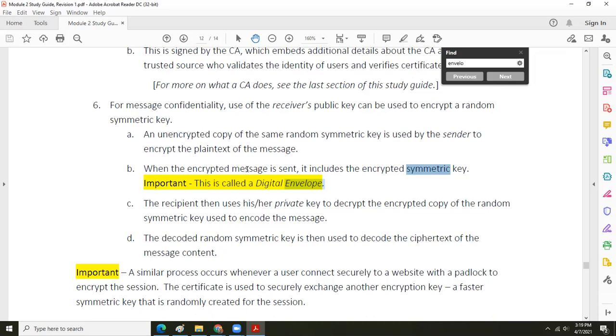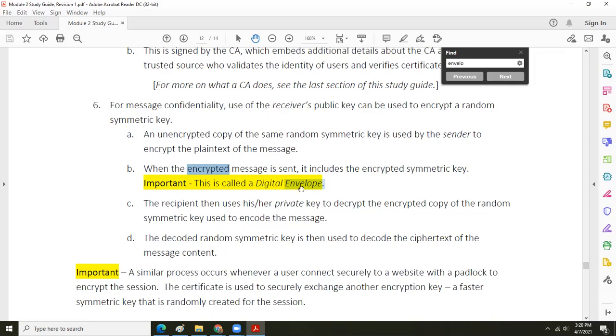So let's give another example. David, you encrypt a message and you send it to me, okay? And you sign the message and you encrypt the message with your private key. Are you with me so far? Well, actually, no. You sign the message with your private key, then you hash the message so that you have a way to check to see if somebody's modified the message. Then you encrypt the message with a randomly generated symmetric key.